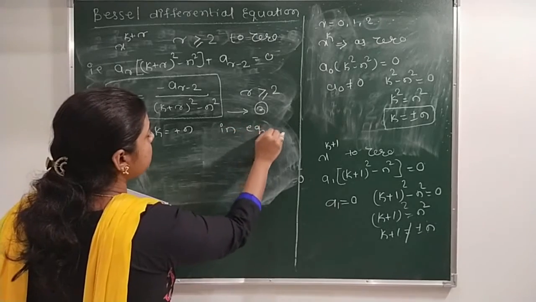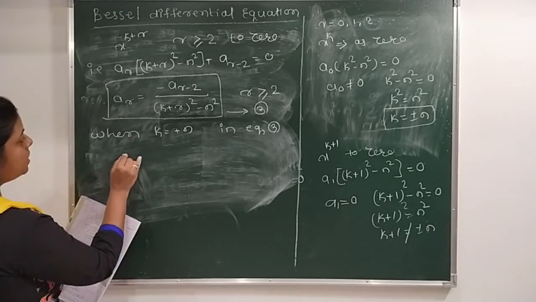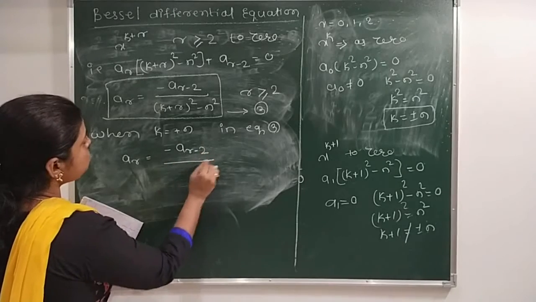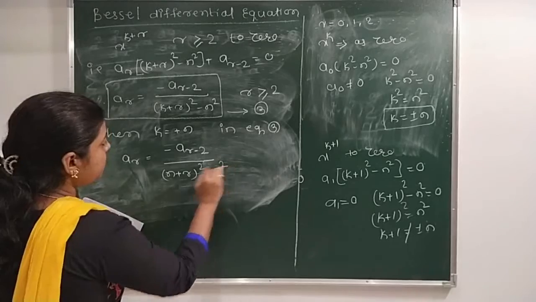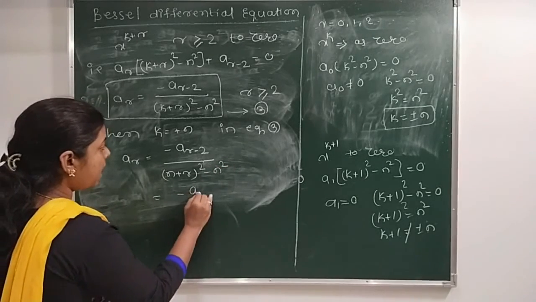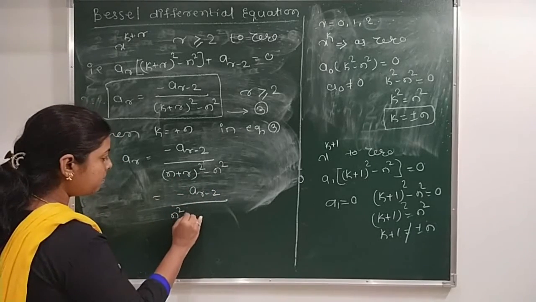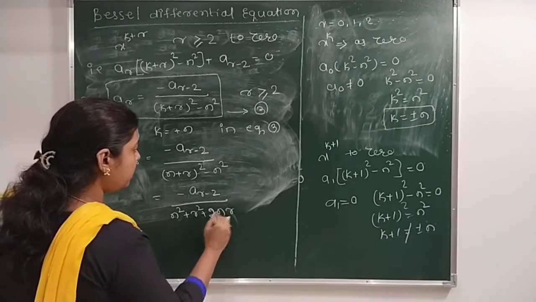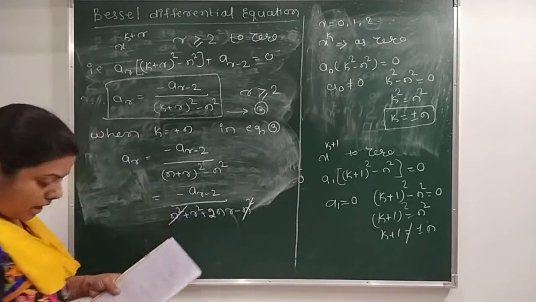In equation number 3, now we have to substitute in the place of k as n. ar is equal to minus a r minus 2 divided by n plus r whole square minus n square. Now you have to simplify this one. Using a plus b whole square, a square plus b square plus 2ab, n square minus n square gets cancelled.